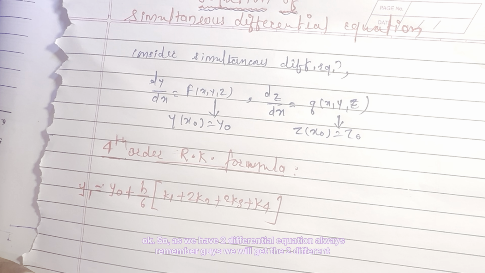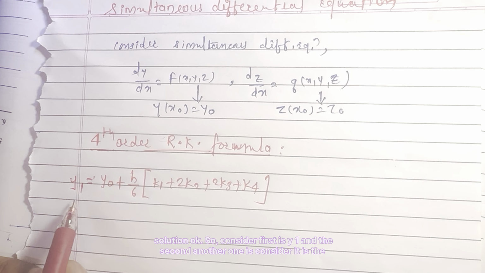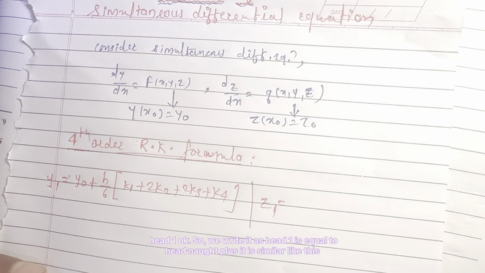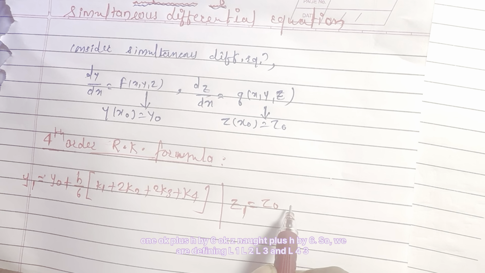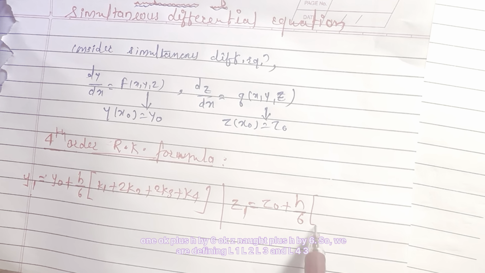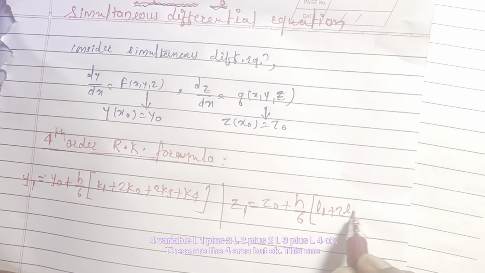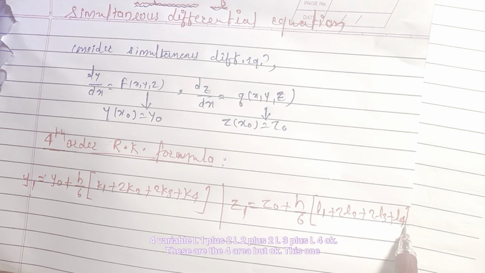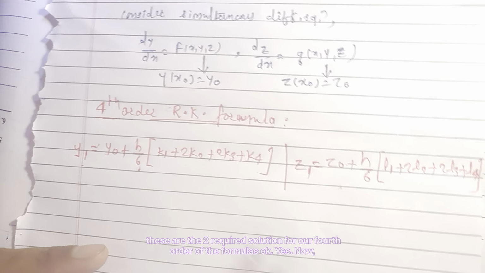As we have two differential equations, always remember, we get two different solutions. The first is y1 and the other is z1. We write z1 is equal to z naught plus h by 6, similar to this one, times l1 plus 2 l2 plus 2 l3 plus l4. These are the four variables, and these are the two required solutions for our fourth order Runge Kutta formulas.